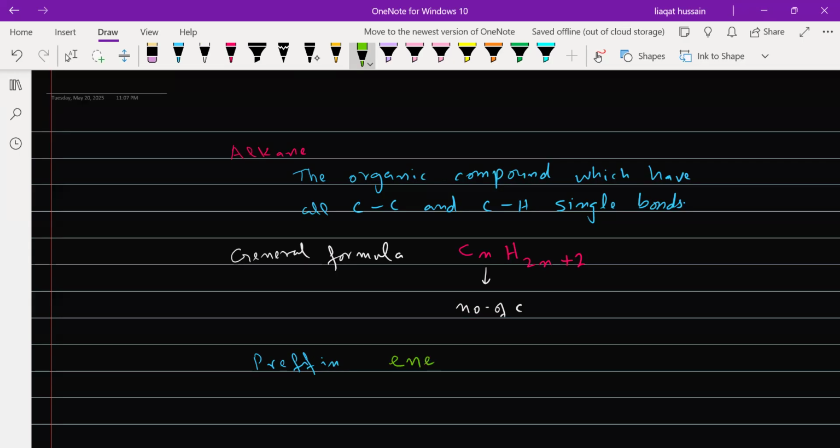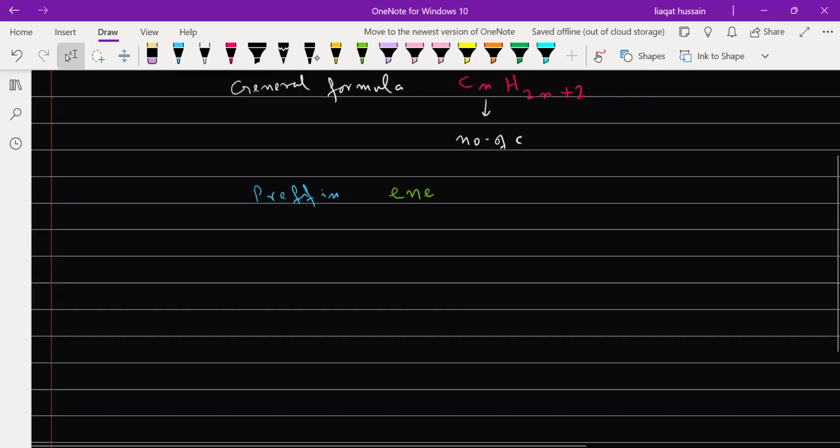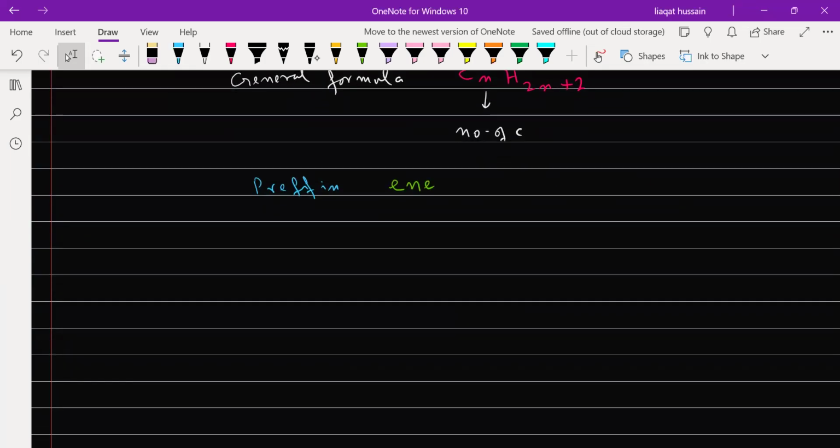Dear students, in organic chemistry, it's very important to know the counting of carbon atoms. Number of carbons, name, molecular formula, and displayed formula.